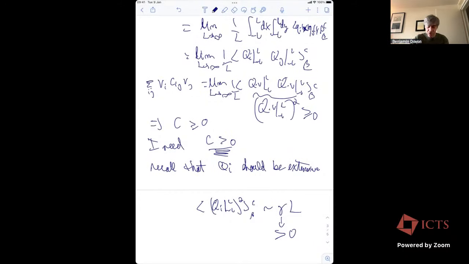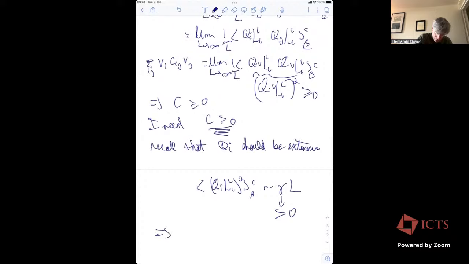And if this is the case, then from the calculation I just did, that implies that C is greater than 0. You see, in this calculation I have 1 over L and Q squared, and I'm asking for Q squared to go like L times something that's non-zero, to be extensive.